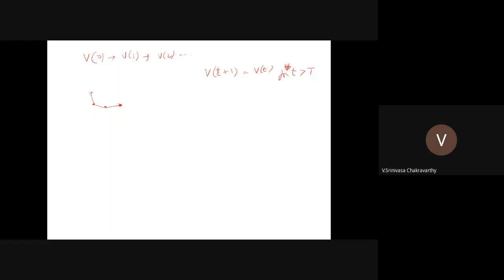But let us consider a different situation where from different initial conditions, the network goes to different final states. For example, if I start from here, I land here. If I start from here, I go through a bunch of steps and I land here. If I start from somewhere here, I go through another bunch of steps and land here.